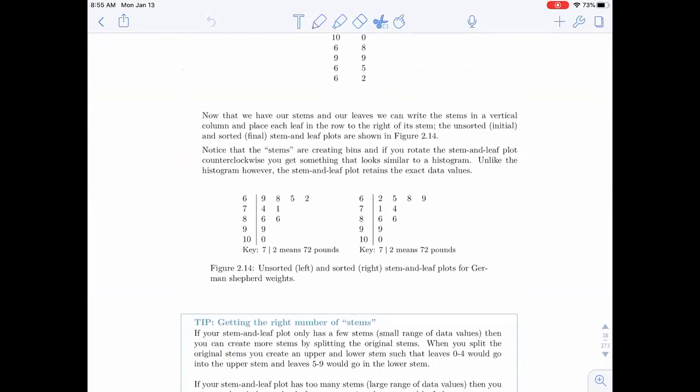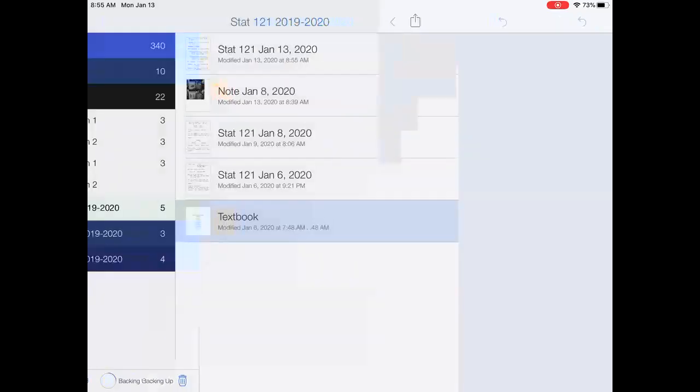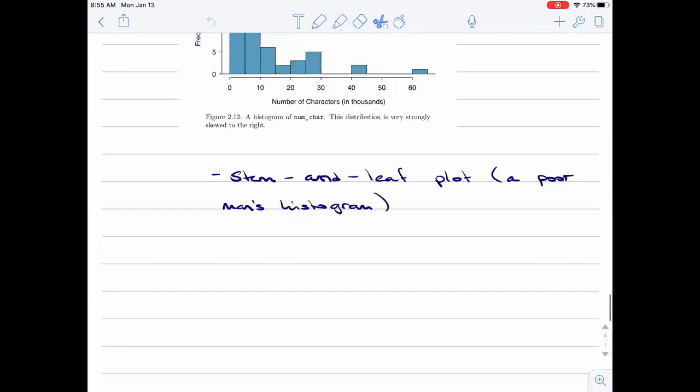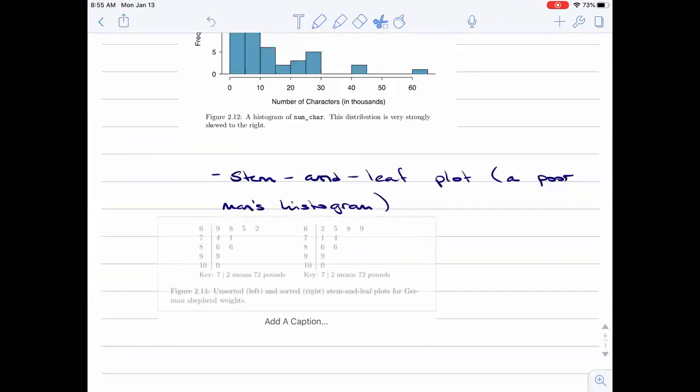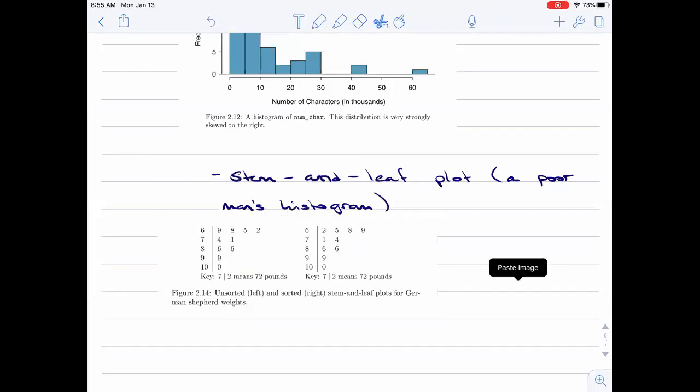And then here, yeah, which one, it doesn't matter. These are both stem and leaf plots. The only difference is that here, these ones are unsorted, 9852, here 2589, doesn't matter.